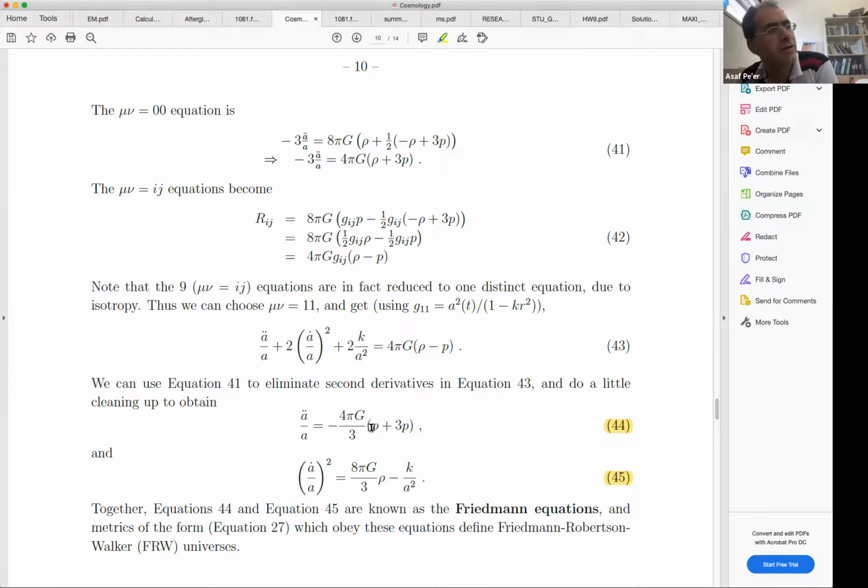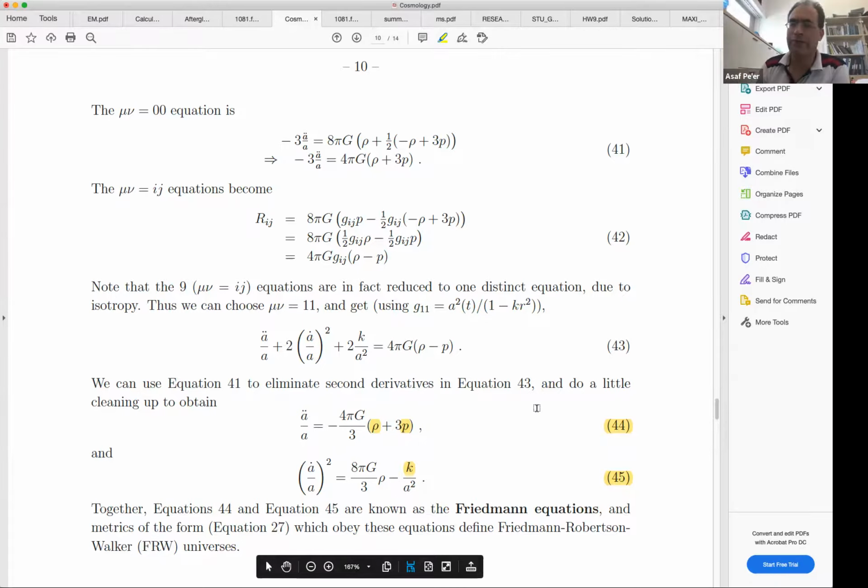Depending on the density, on the energy density, rho, pressure, p, and also this value of K, the curvature of the universe. Now, combined together, these are known as the Friedman equations, because they were first derived by Friedman. I think he's a Russian guy in the 1920s.